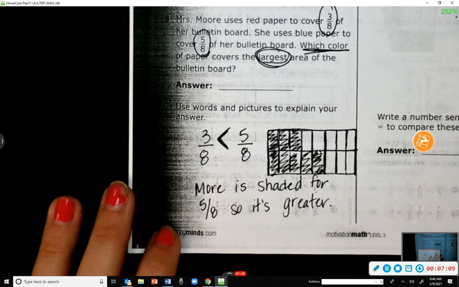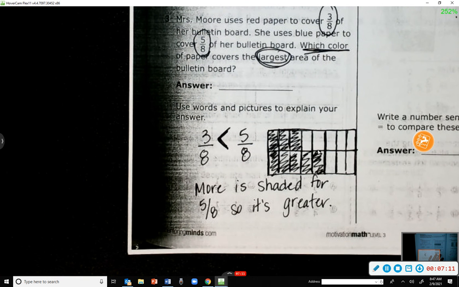Okay, now once you have that written, we need to make sure we're actually answering the question. The question said, which color of paper covers the largest area of the bulletin board? Have we answered that question? No. We figured out which fraction is greater, but which color would that be? Red. Blue.